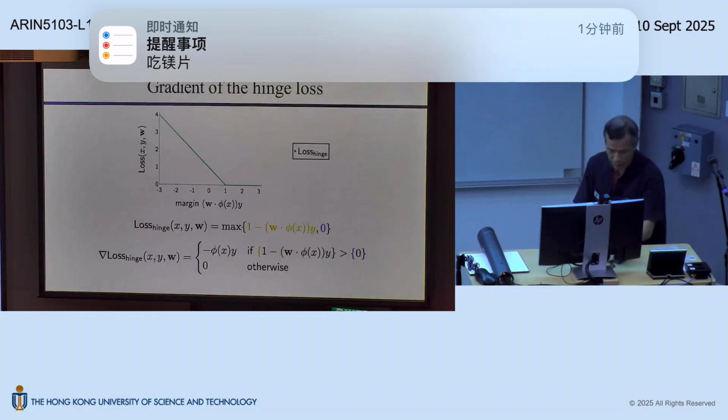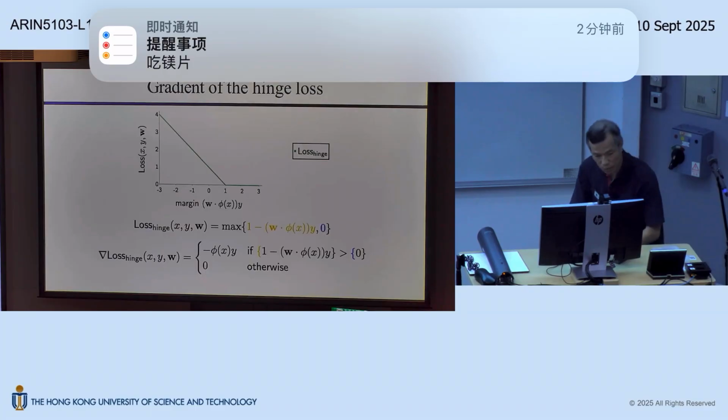For example, if you want to use the hinge loss, this is the hinge loss, and you just compute the corresponding derivative. Intuitively, when you are here, you have some loss, whereas when you are here, you have 0 gradients.